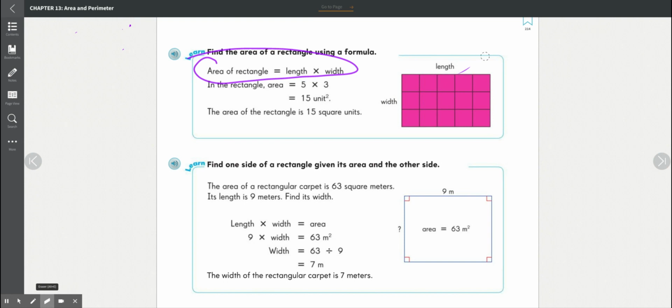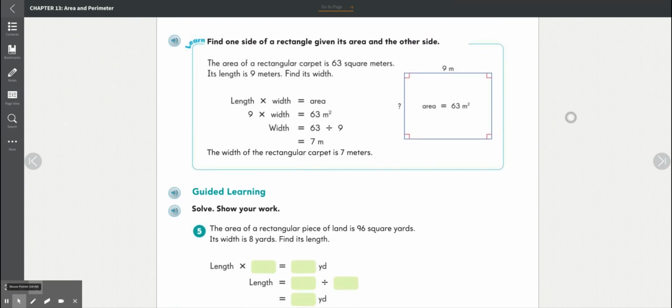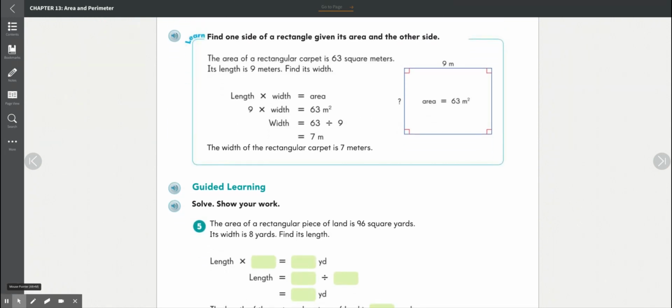So let's go ahead and apply this to what we've been doing. If we're given a rectangle, and we're given the area and one of the sides, we can find what the other side is worth. So here you can see I have a rectangle. This is a rectangular carpet, and my area is 63 meters squared. Now I know that the length is 9 meters.